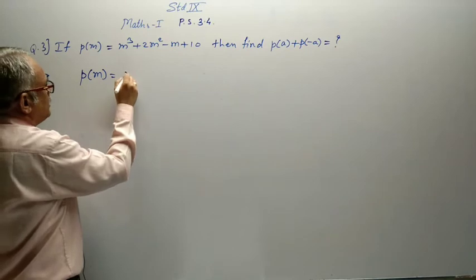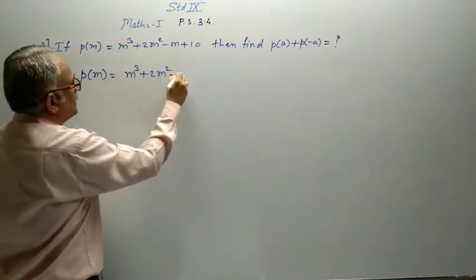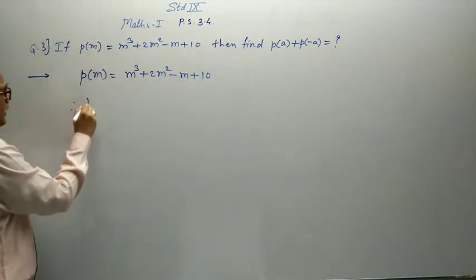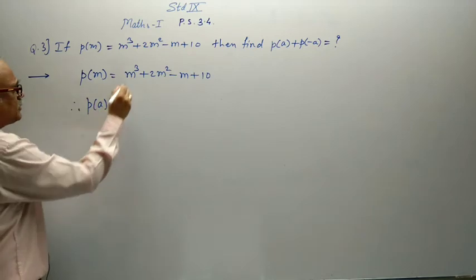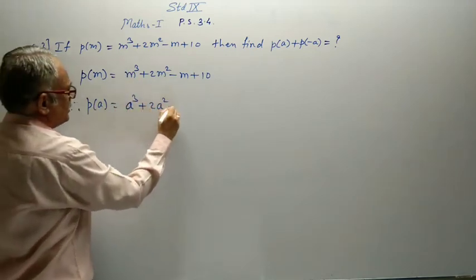P of m is m cube plus 2m square minus m plus 10. Therefore, P of a will be the same; in place of m, a will come. No change.